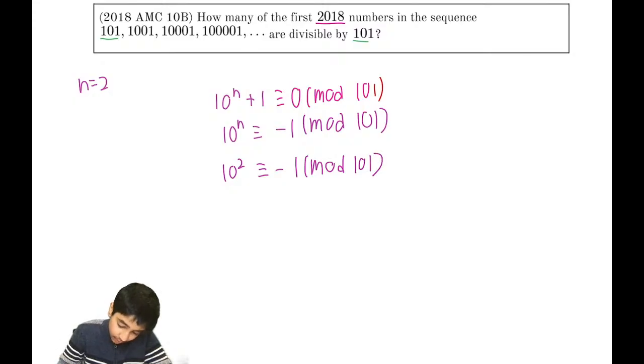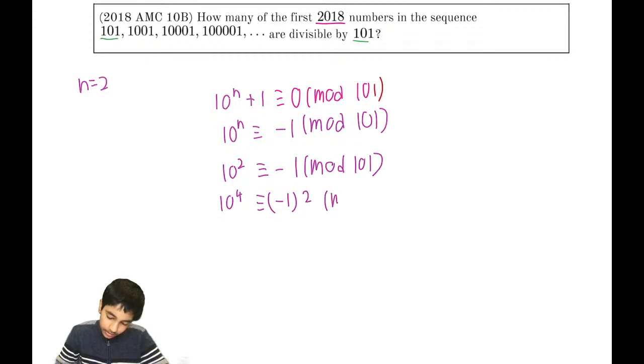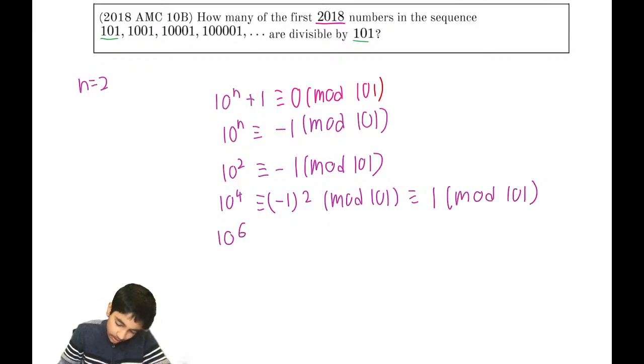We can see that 10 to the 4th is going to be negative 1 squared mod 101, or 1 mod 101. 10 to the power of 6 is going to be negative 1 cubed, which is again negative 1 mod 101.